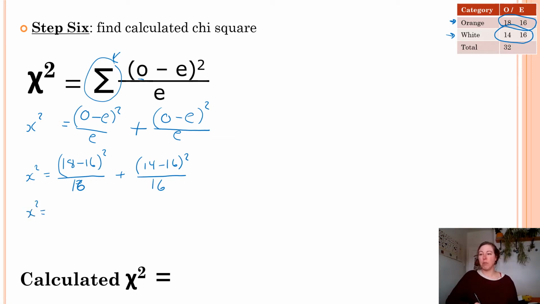So 18 minus 16 is pretty easy math. We've got 2 squared over 16. And 14 minus 16 is negative 2 squared over 16. This is really common where our numerators are paired, positive and negative. We'll see this again probably. 2 squared equals 4 over 16.